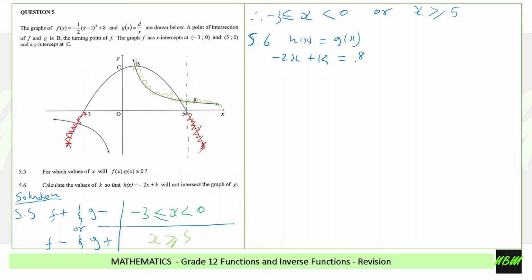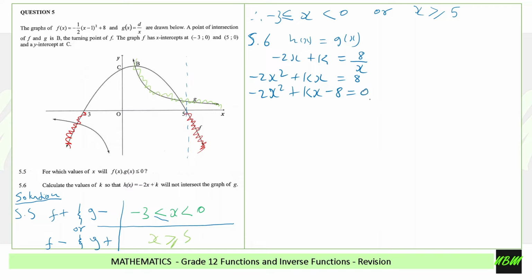We have calculated the value of d is 8, therefore it will be 8 over x. So now multiply both sides by x to get rid of the denominator, so we have minus 2x squared plus kx is equal to 8. Then we have minus 2x squared plus kx minus 8 is equal to 0.